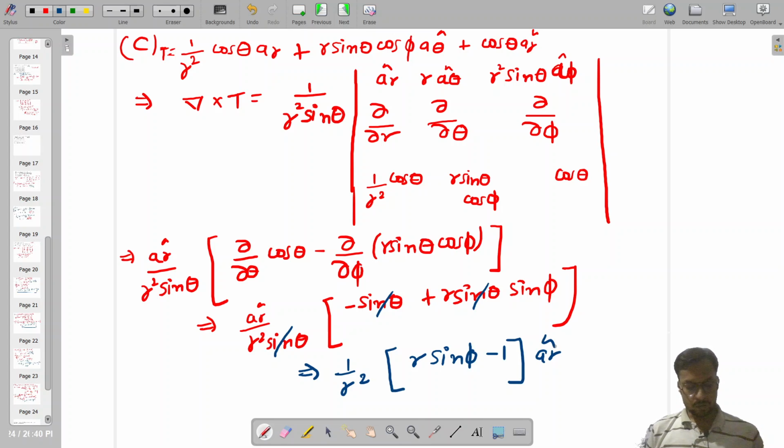I think something is not right, so cross checking the 1 upon r square cos theta, r sine theta cos phi and cos theta. I have expanded the a r term, so verifying it once again. So del upon del theta cos theta. Okay, I got it.